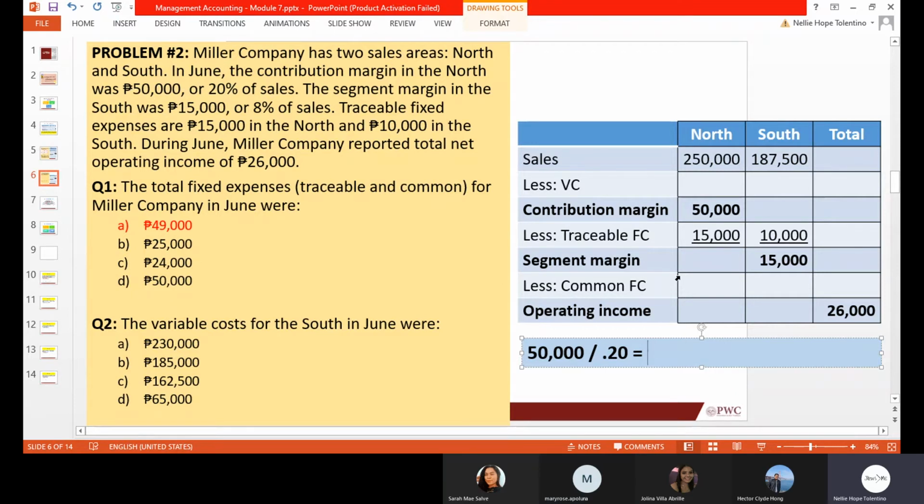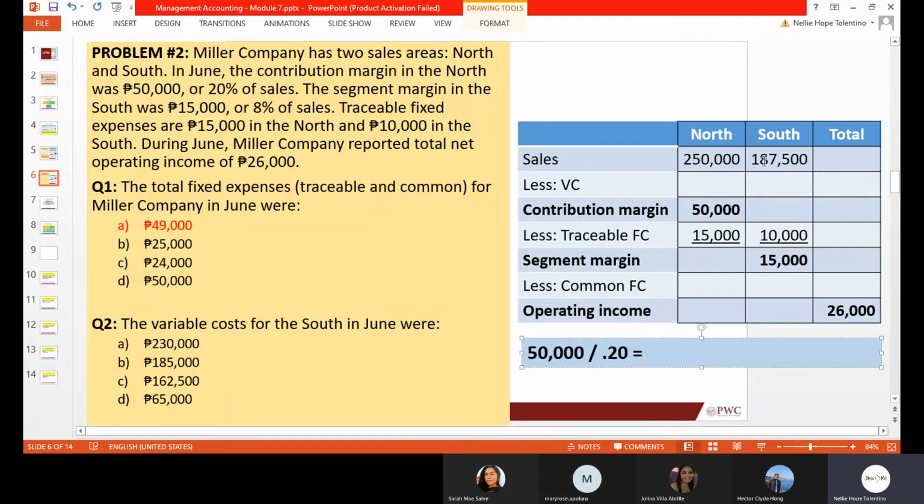So, you can get the sales. 50 divided by 0.20 is 250,000. Kung gusto mong i-check, you can multiply again. 250,000 times 20% is 50,000. And very good, kasi marunong kayo.